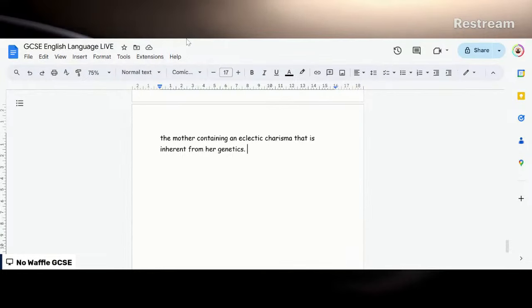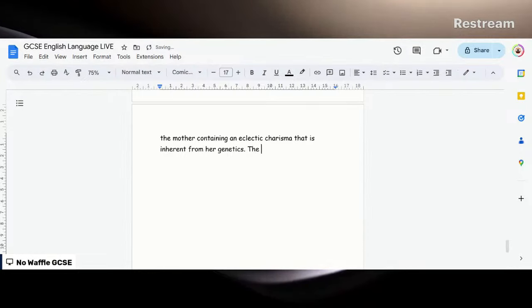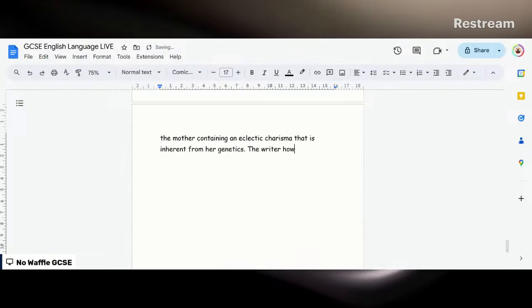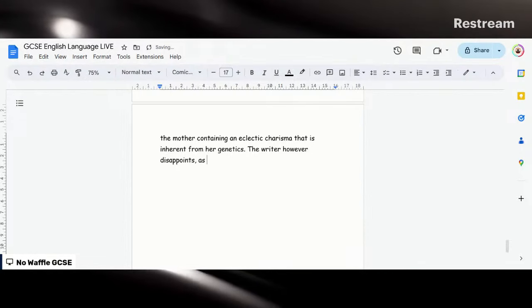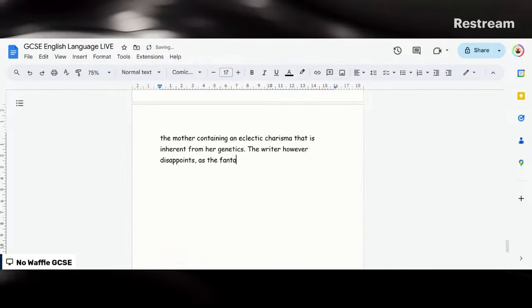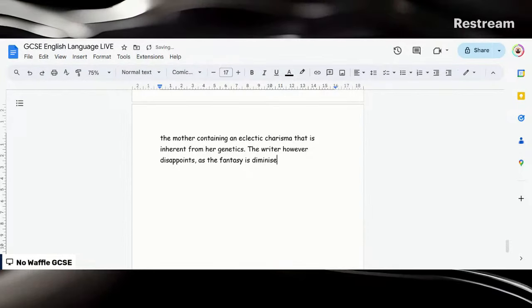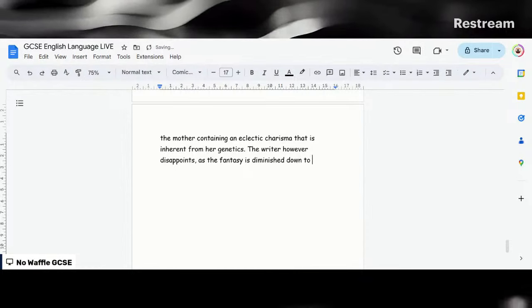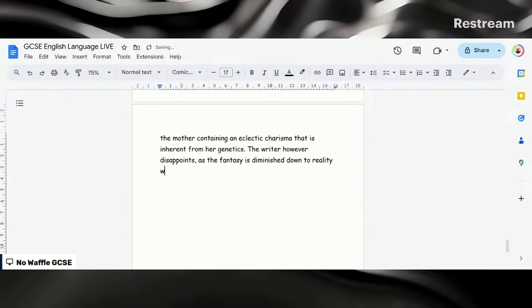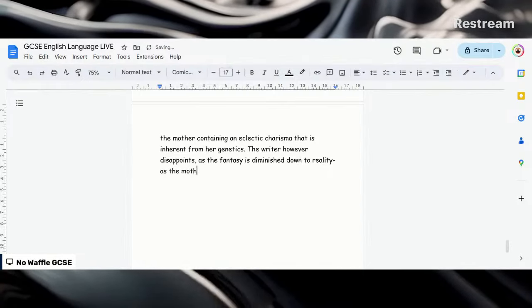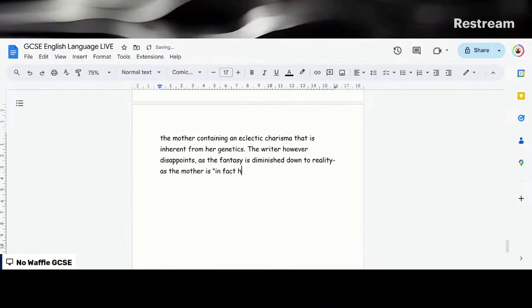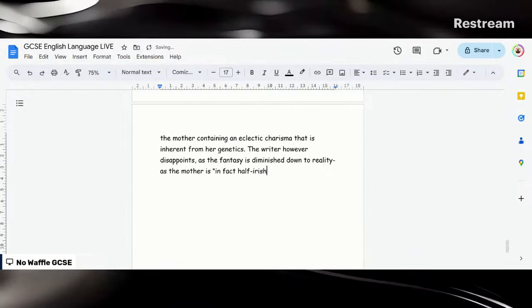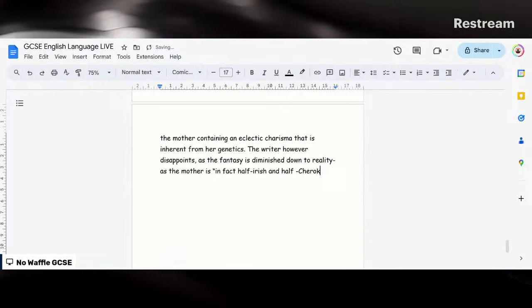So we can then say, the writer, however, disappoints as the fantasy is diminished down to reality, as the mother is in fact half Irish and half Cherokee.